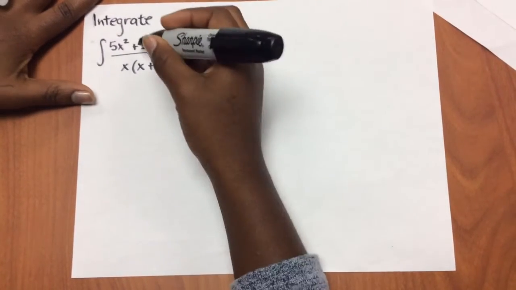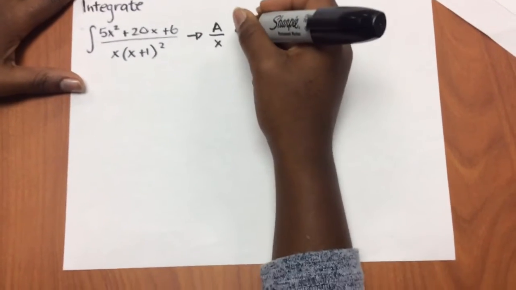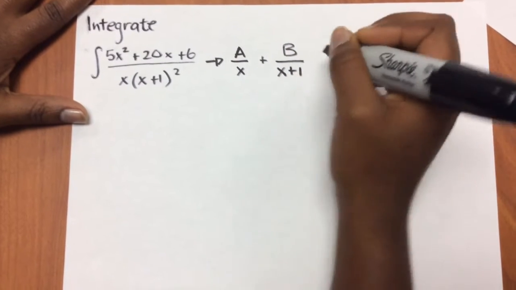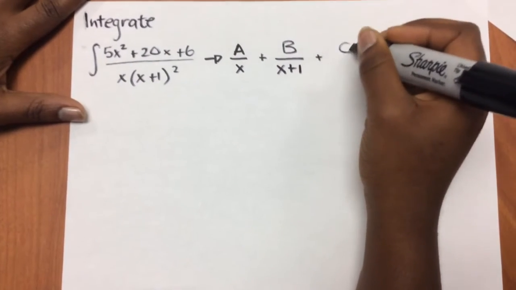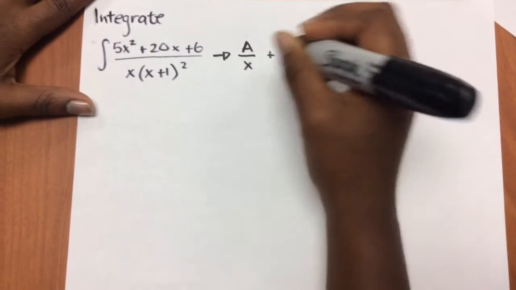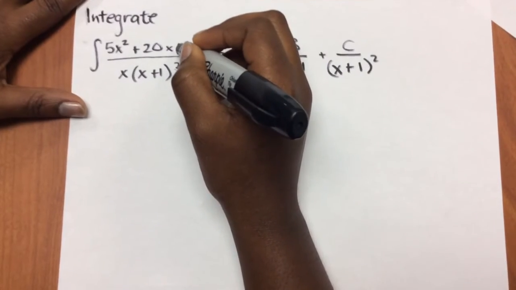So this can be split into A over x plus B over x plus 1 plus C over (x plus 1) squared, because when we cross multiply by the common denominators, this will all get us this original function.